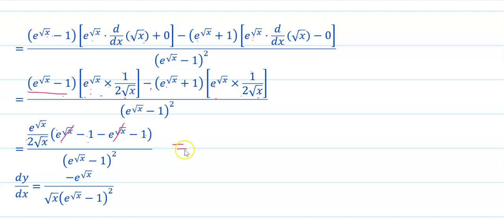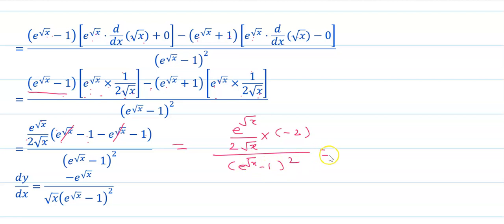Overall, you can write here e raised to root x upon 2 root x into minus 2 upon e raised to root x minus 1, and this bracket square.